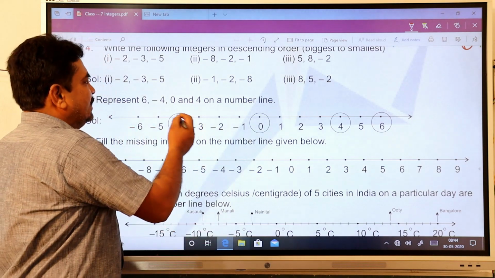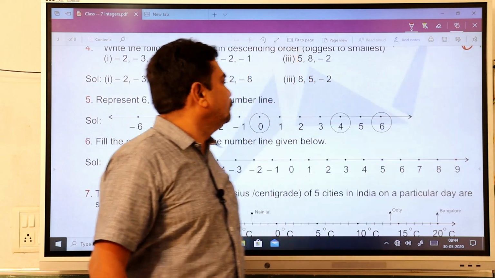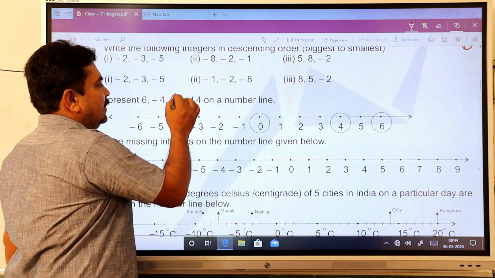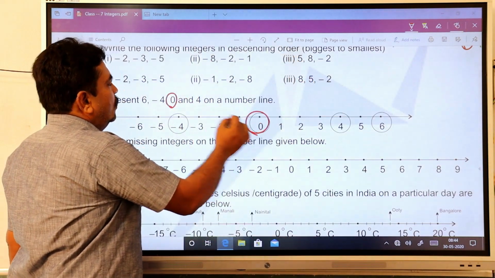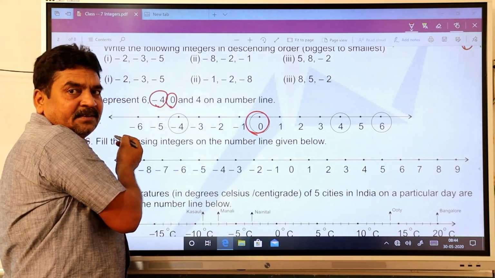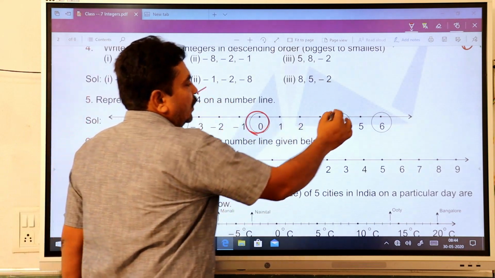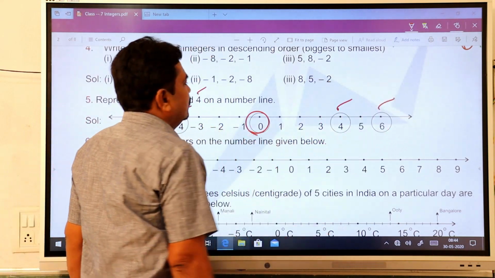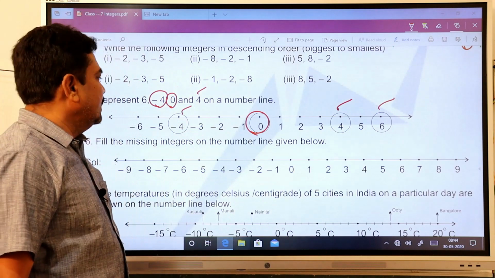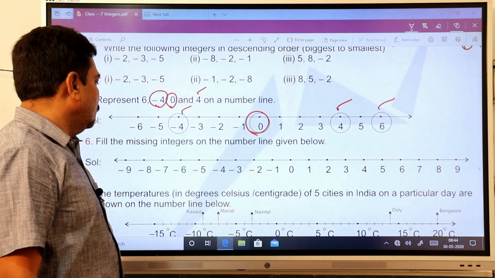You mark these values on the number line. Write down 0. This is minus 4. Come towards the left side of the number line and write down minus 4, and plus 4 you write down here, and the 6 write down there. So this is a simple answer to this given question.